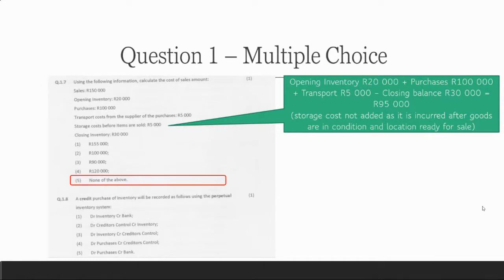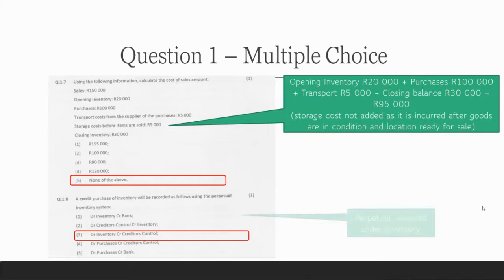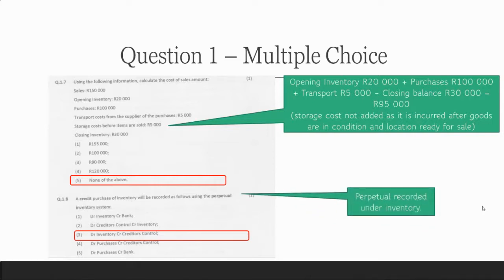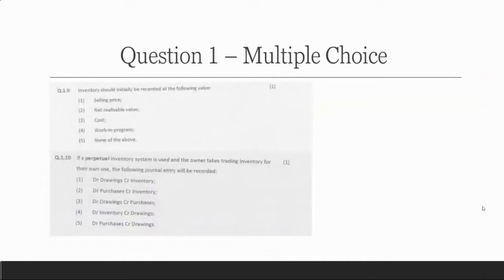Perpetual inventory, we take the inventory to an asset account and not an expense account. So for that reason, number 3 would be correct. We would debit the inventory, so we're increasing our inventory balance, the inventory we have on hand, and we would credit the creditor's control.